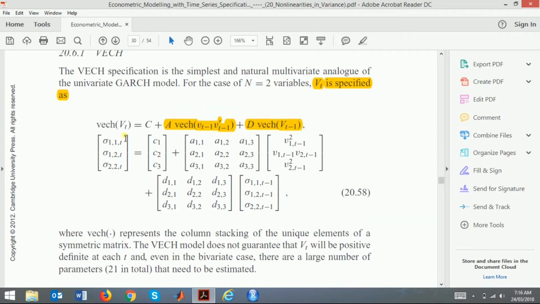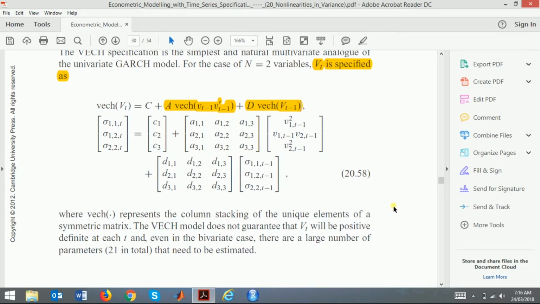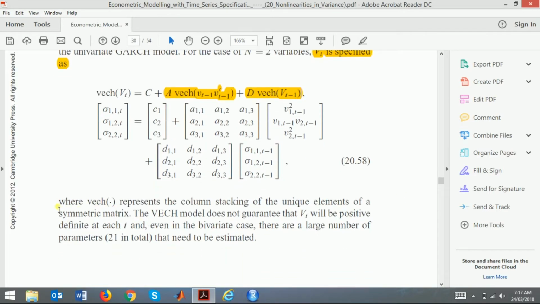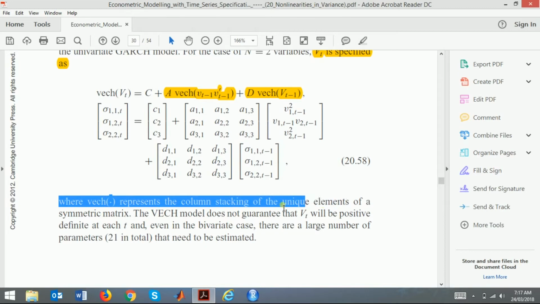Okay, so what happens in case of 2 variables? 11, 12, 22, and 12 is the same as 21, as we know. These are the coefficients in columns. Beautiful. Okay, this is a representation of VEC, where VEC represents a column stacking of the unique elements of a symmetric matrix.